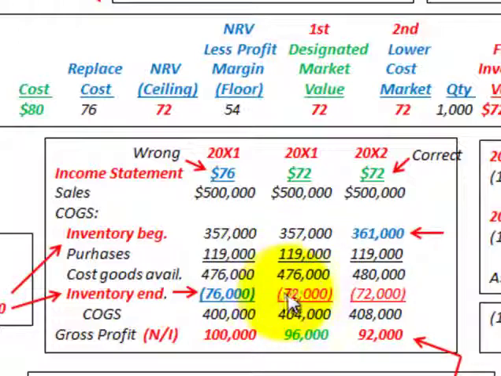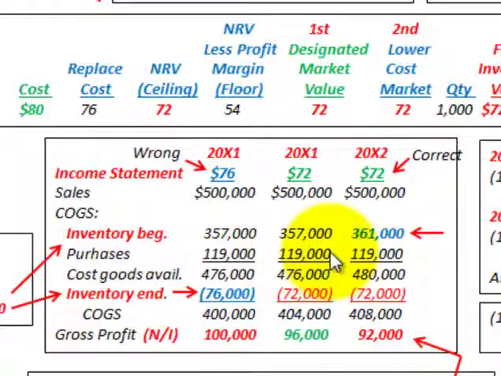So you can see we're overvalued at $76,000 by $4,000. Doing our arithmetic, we come up with cost of goods sold at $404,000, versus the $400,000 for the wrong amount. Taking that from our sales, our gross profit should have been $96,000. So we're overstated by $4,000 in 20x1 for our net income or gross profit.